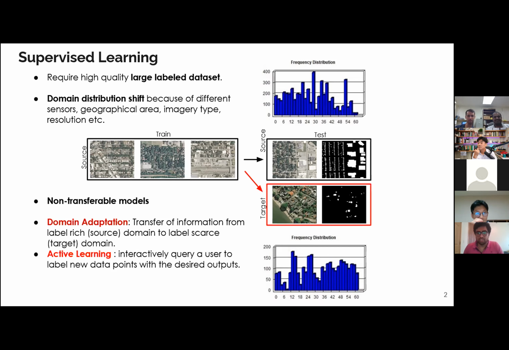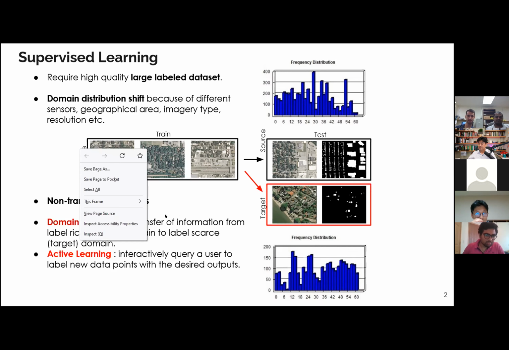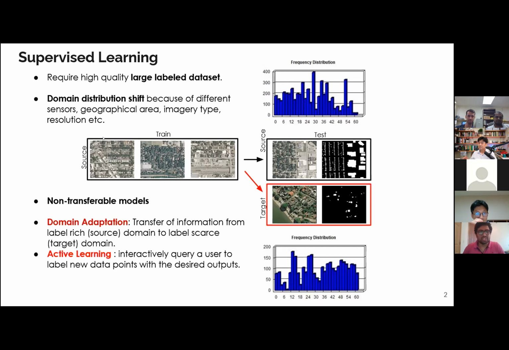Even if the application is the same, like building extraction, if we have labels for one city, we again have to label for another city. So I'm just showing an example here. Let's say we have one data set here as a source, where labels are available.